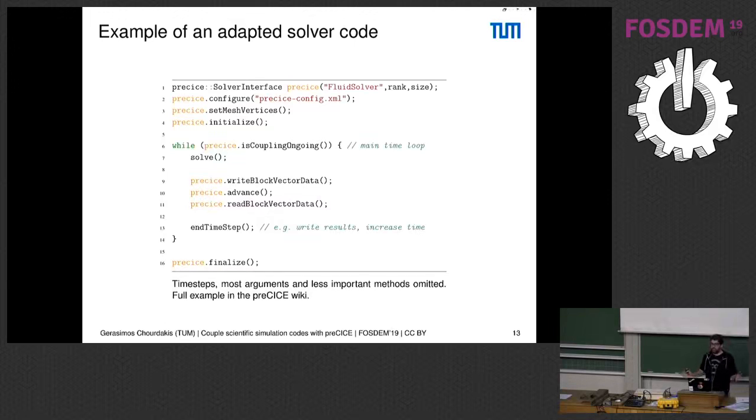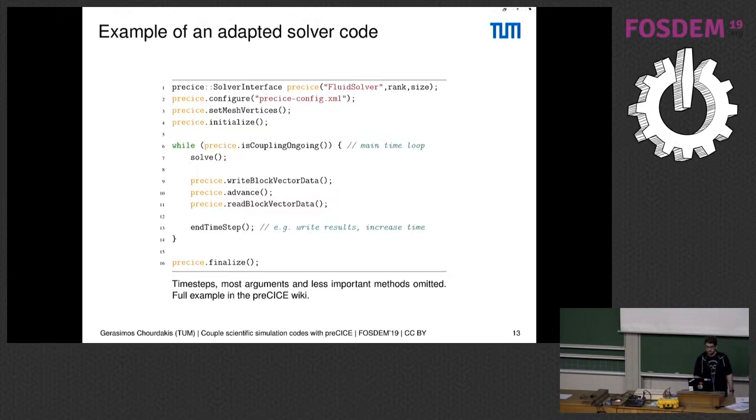And in every solver, you usually have this structure. You have a main time loop, and inside this, you solve your equations for every step in time as you progress in your simulation.